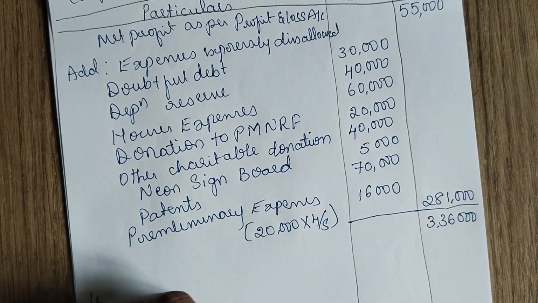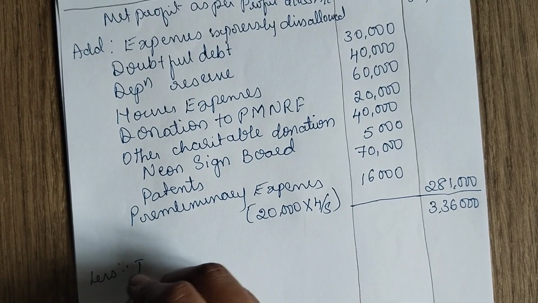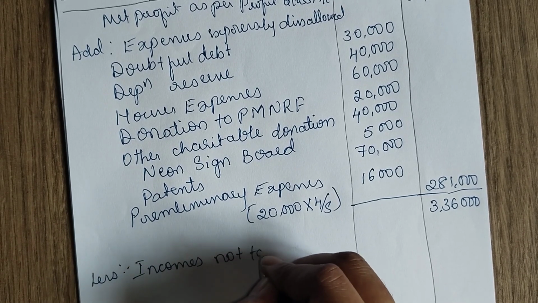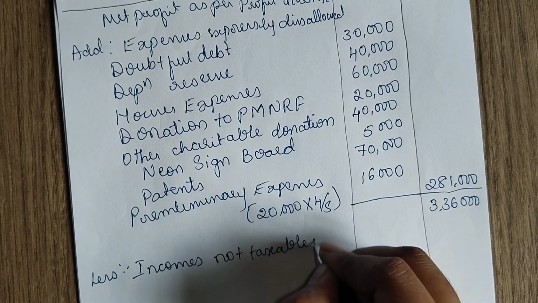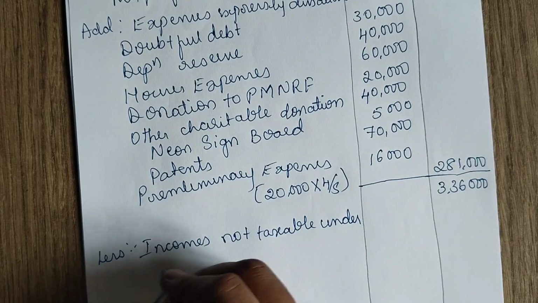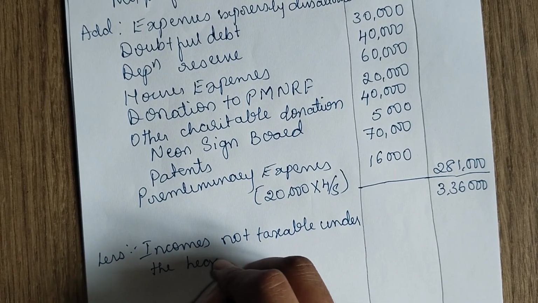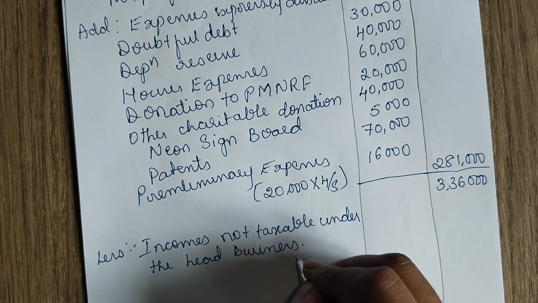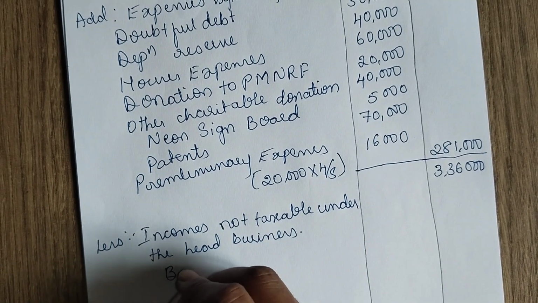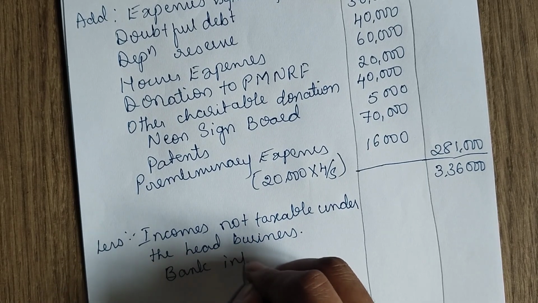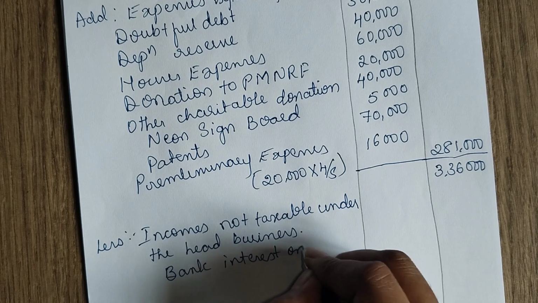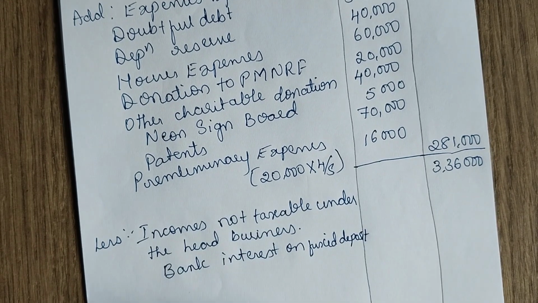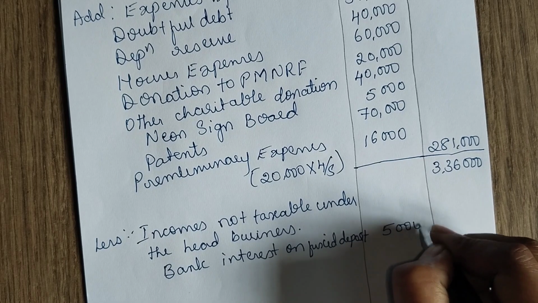Now we have to less incomes not taxable under the head business. Bank interest on fixed deposit 5,000.